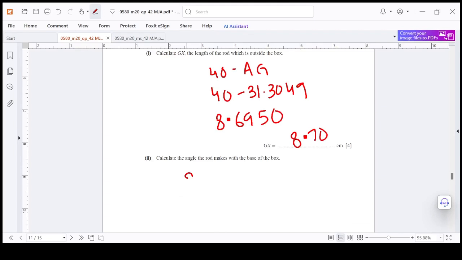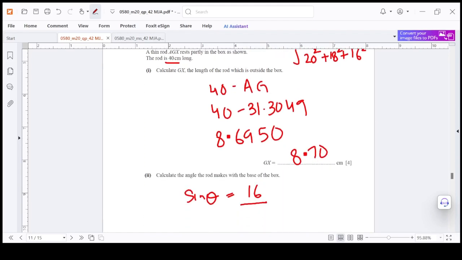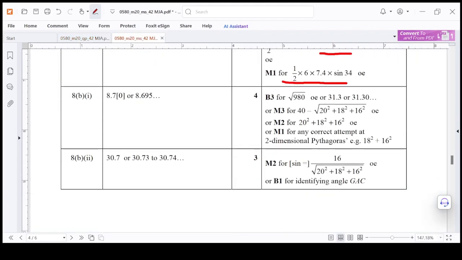So I'm going to use sine theta equals 16 upon 31.3049. So this gives shift sine 16 divided by 31.3049. It's 30.7 something.